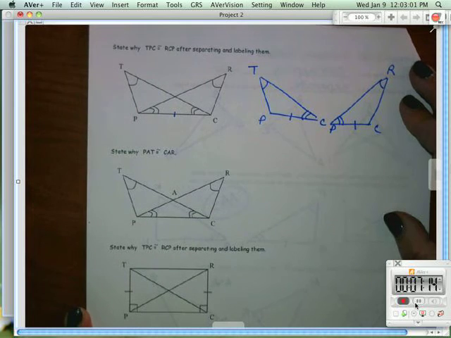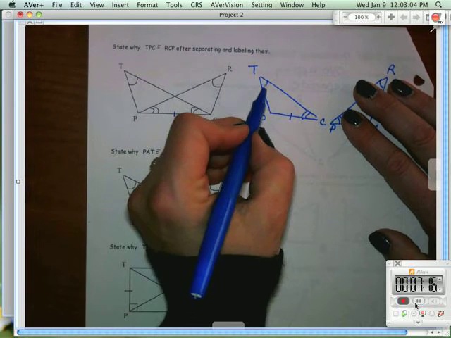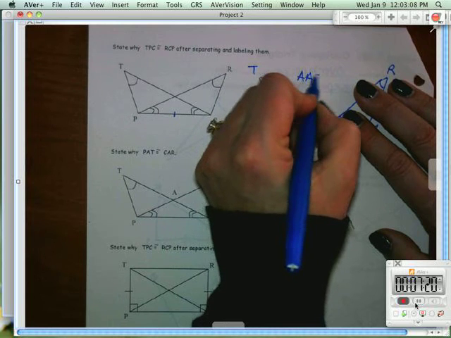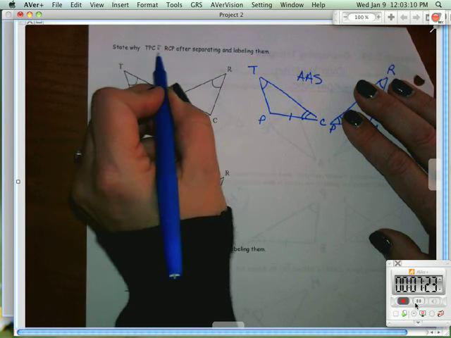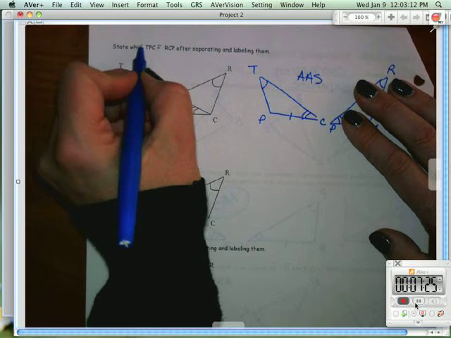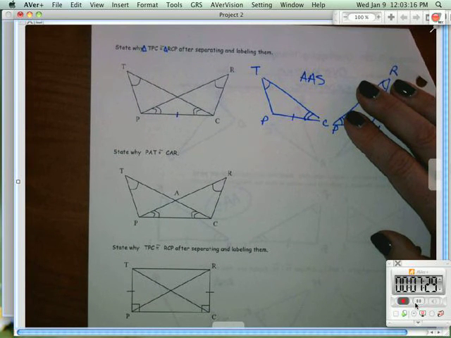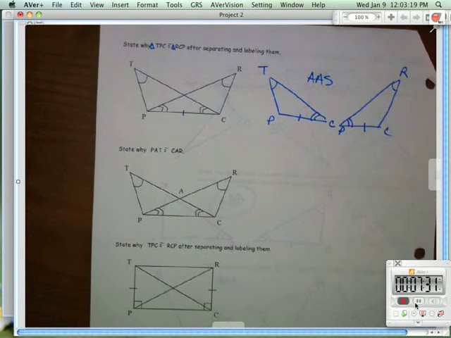Okay? And so we can see by looking at one of the triangles that we have angle, angle, side. That's how come they're congruent. And we made sure we did this: state why the triangle is congruent to itself. Oh, let's put the little triangle sign in there. Sorry, that's missing. Alrighty? Okay, another one.